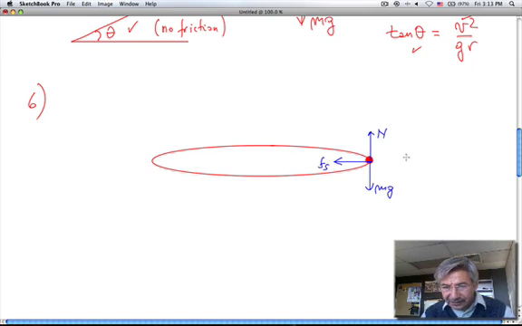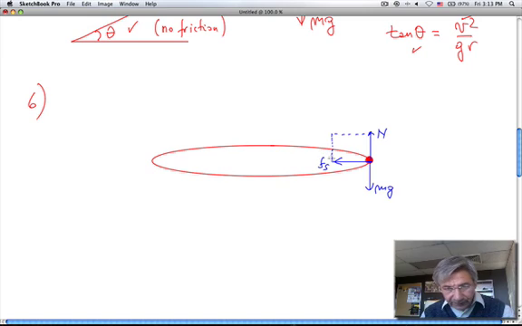But the question being asked in this problem is, what is the total force exerted by the ground on the object? Well, that total force is the combination of these two forces.